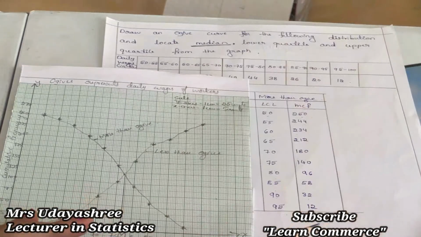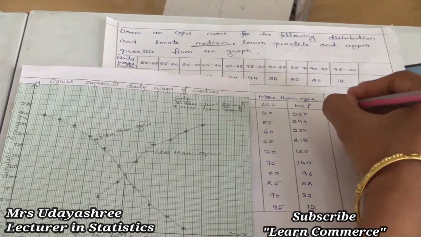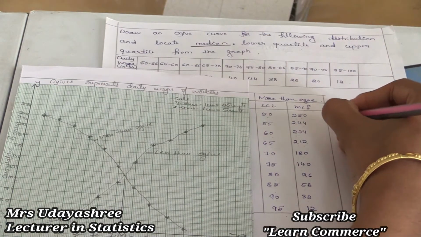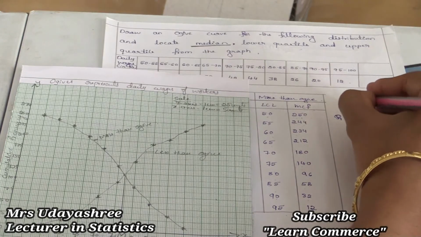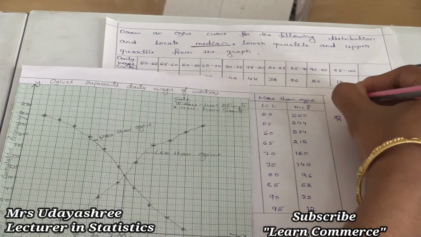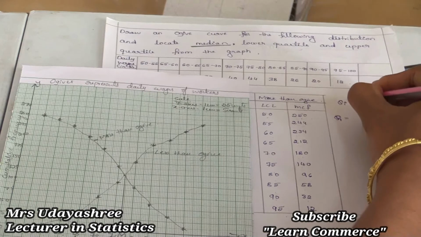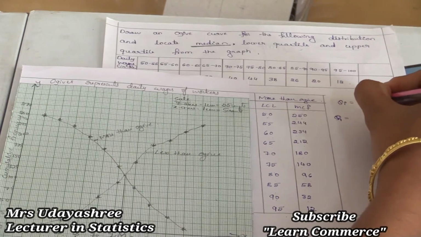We know that to find lower quartile, lower quartile in the sense that is first quartile. So first quartile is denoted by Q1. This is also known as lower quartile. We know that to calculate quartile, the formula is Qi is equal to i into n divided by 4.